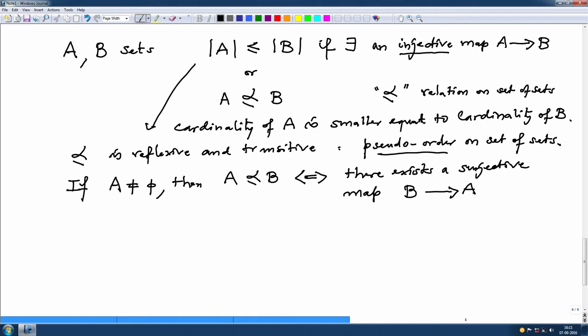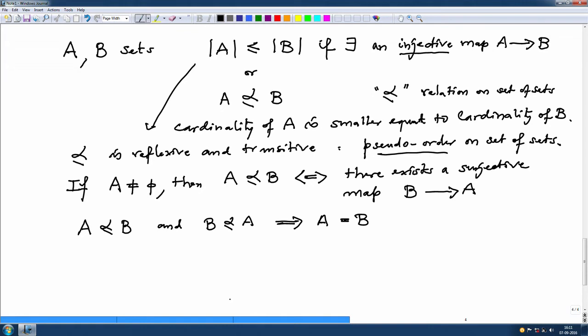To make it antisymmetric, we need: A script less equal to B and B script less equal to A, then we want A equal to B. We need something like this.